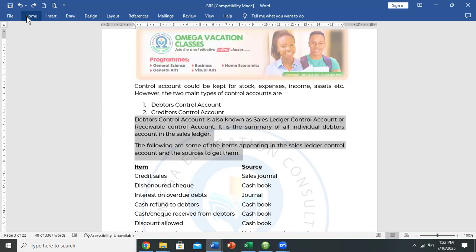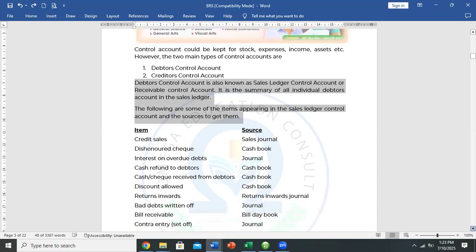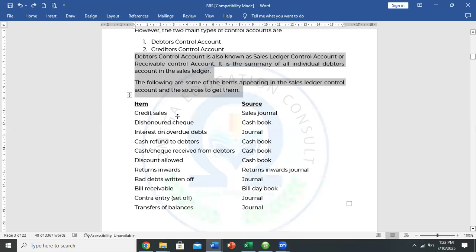Now, to be able to prepare this control account, we need to know the items that will be used to prepare it. And again, it's important to know where you will get those items. So let's see how many we have here. We have 1, 2, 3, 4, 5, 6, 7, 8, 9, 10, 11. 11 items to look at.